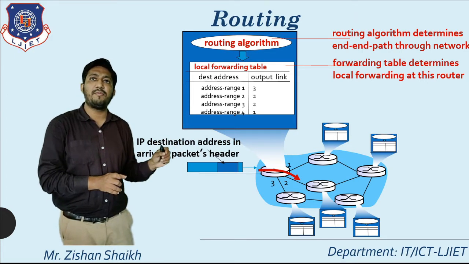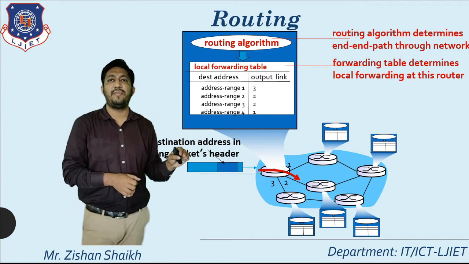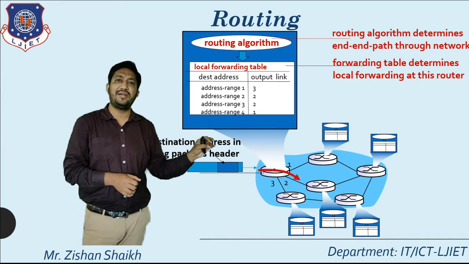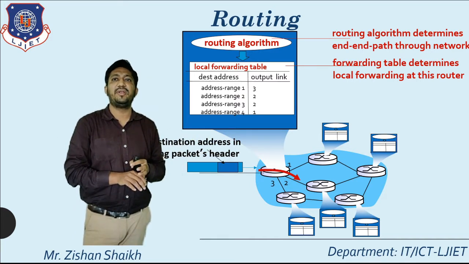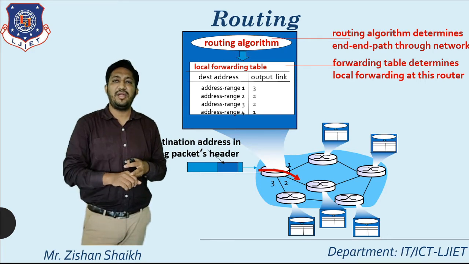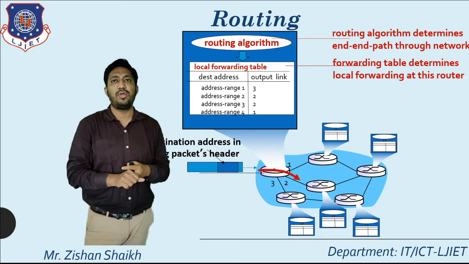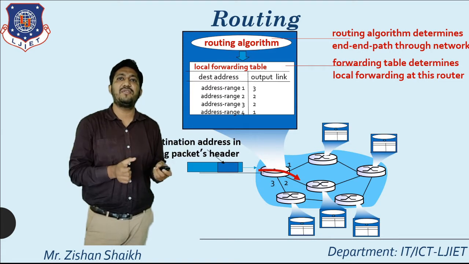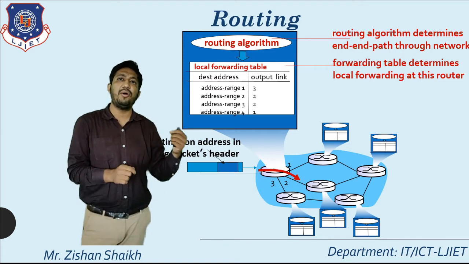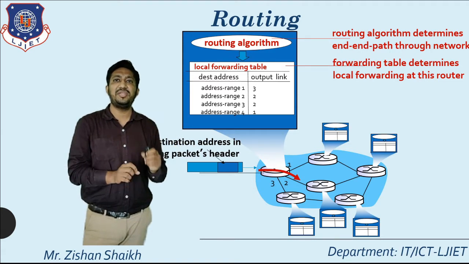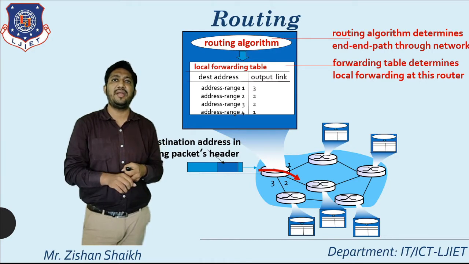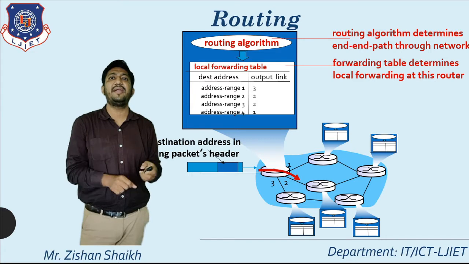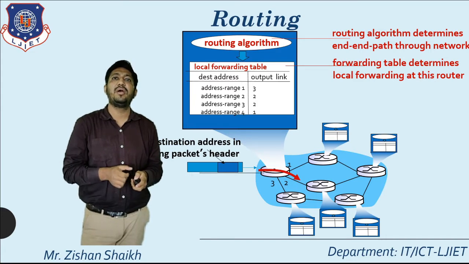So the forwarding table contains the addresses of the next hop, the incoming port and the outgoing port, that is, the interfaces for incoming and outgoing packets. Each and every router maintains this type of table.